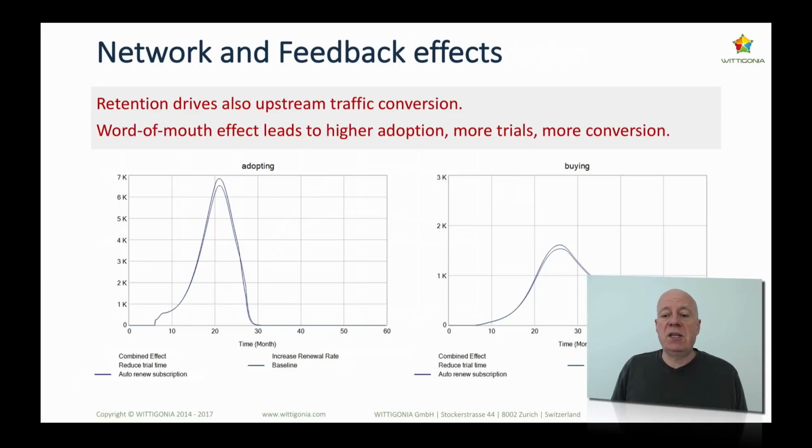And so that's something we need to keep in mind, even though, and I'm contrasting here let's say the base case and then with the additional effect, even though it may look a little bit small here, keep in mind that these are flows of customers moving in. So every percentage that we increase the flow of customers moving in or the retention is actually compounding in our feedback system.